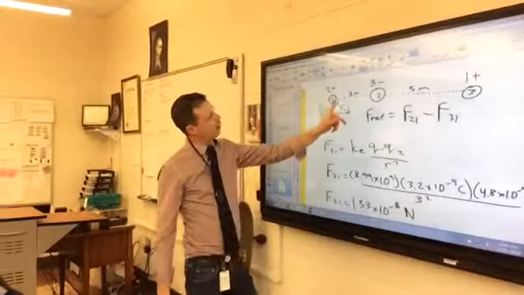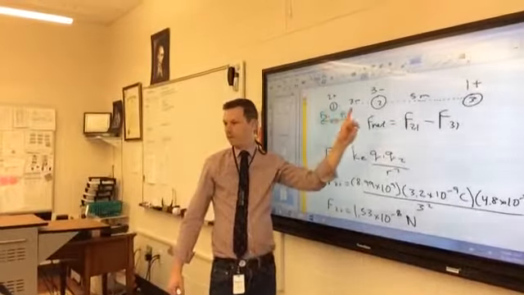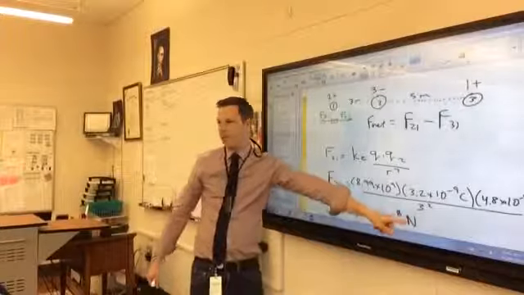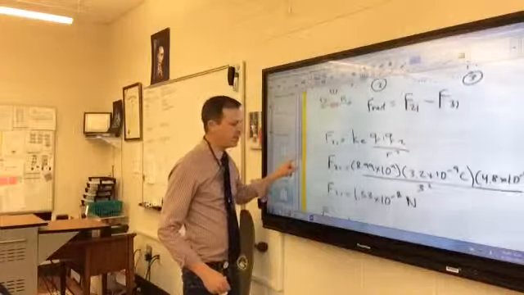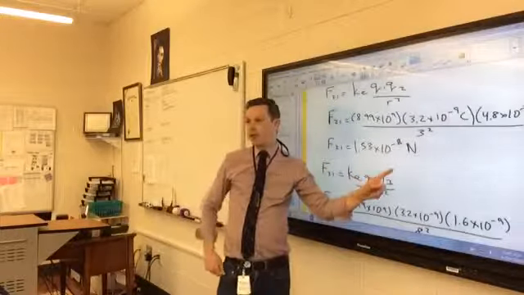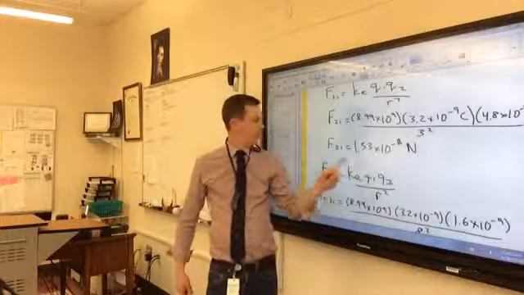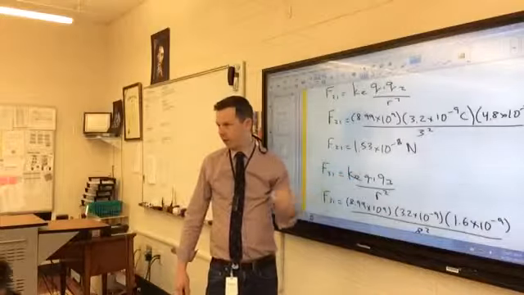Now I looked at it, and they're 3 meters apart, right? So I just put in 3. Remember that value is squared, something a lot of people mess up. So from there, all I did is solve for what the force of 2 on 1 is, right?